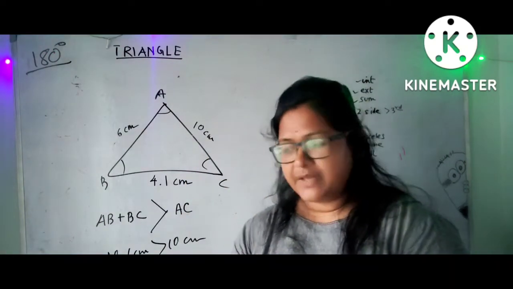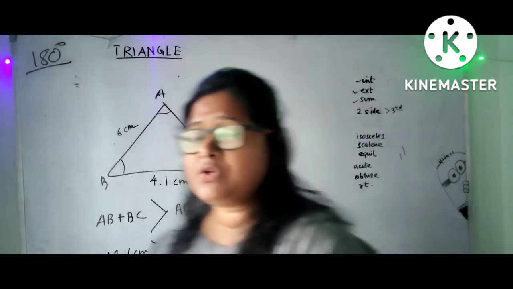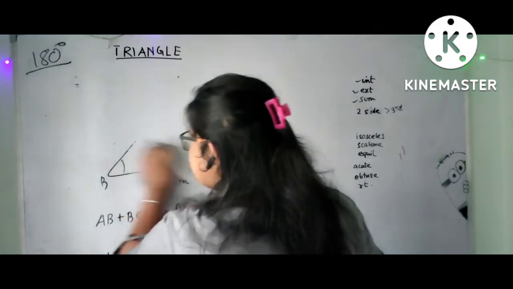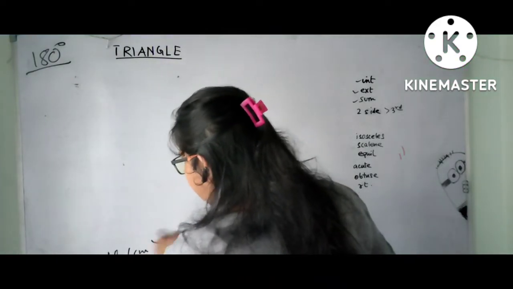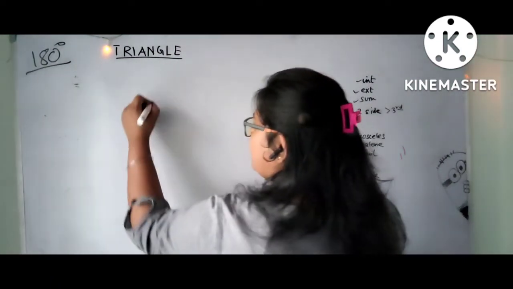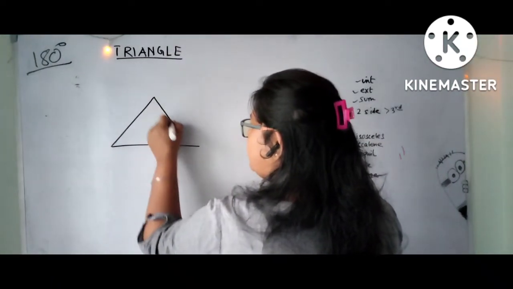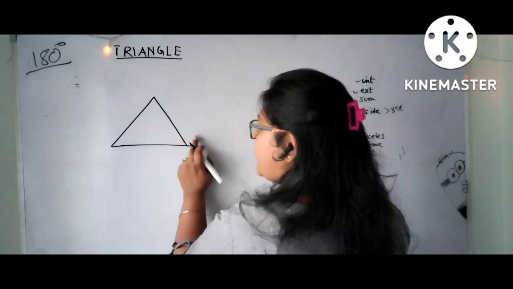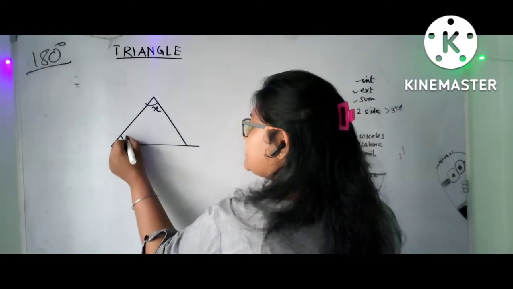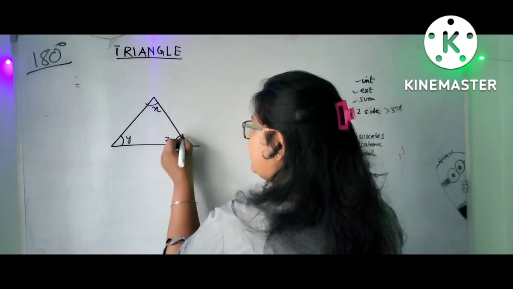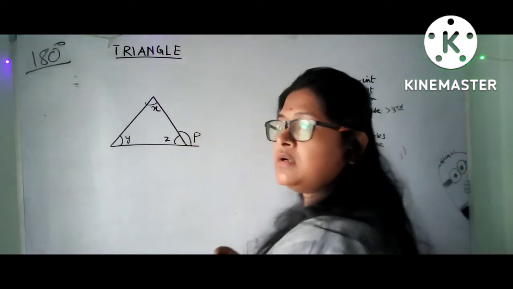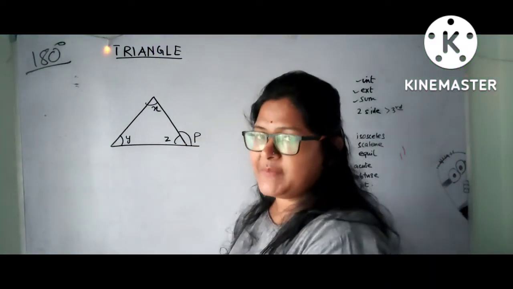Talking about the internal angles, we've done external, we have done different sides and so on. So my last rule which I would like to tell you is, if I draw a triangle with one external side, suppose this is X, this is Y, this is Z. I am naming this angle P. P is a very sweet alphabet.